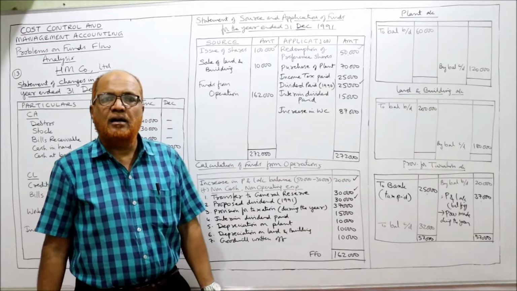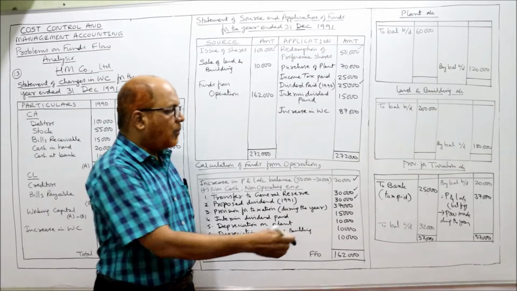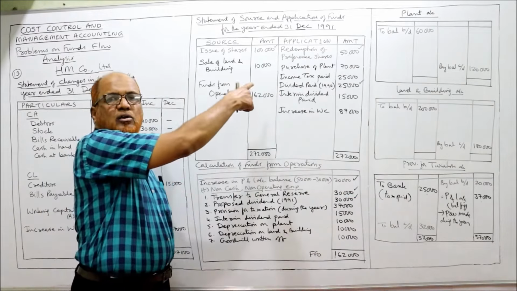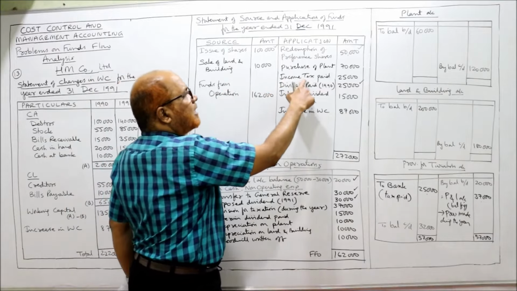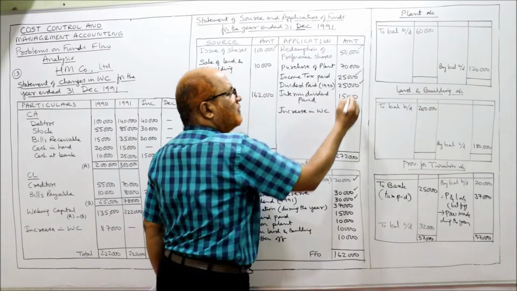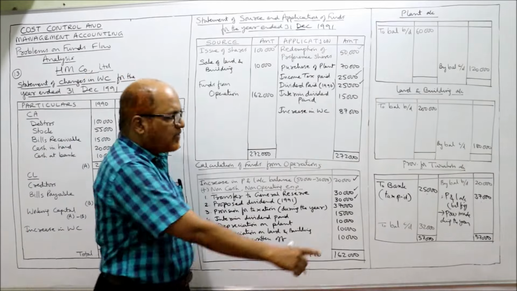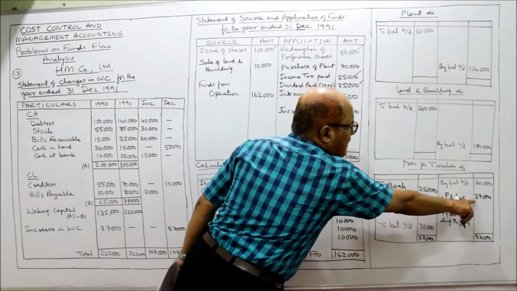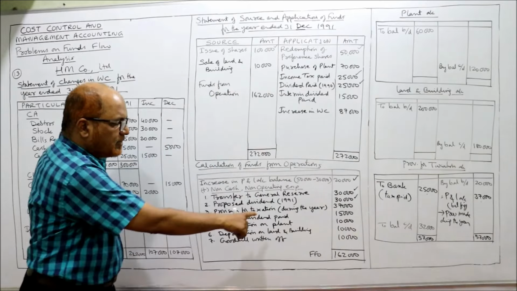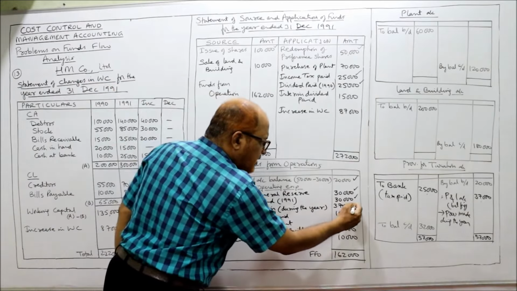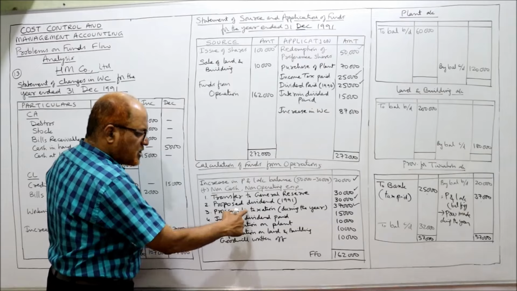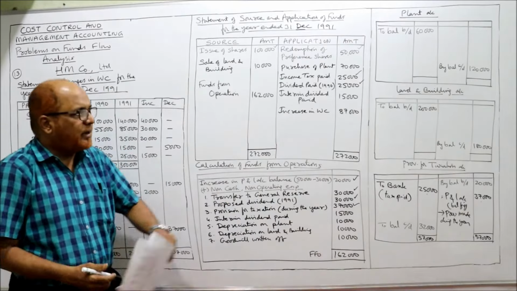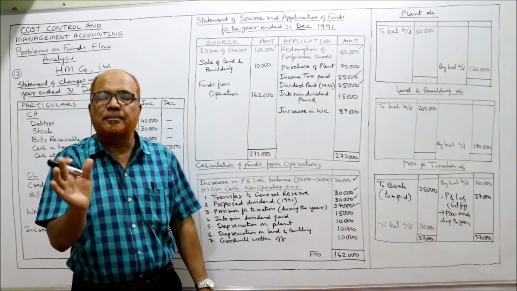Now we have to take tax paid. How much is the tax paid here? 25,000. This 25,000 should be taken on the application side: income tax paid 25,000. And provision for taxation made during the year, 37,000. This 37,000 will be taken as a non-cash item. Here you can see provision for taxation during the year 37. So opening and closing balance we should not take.